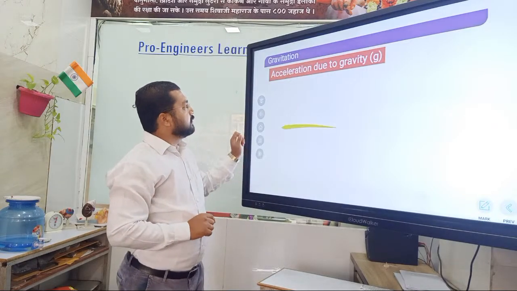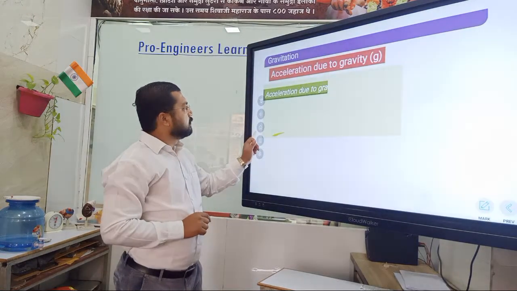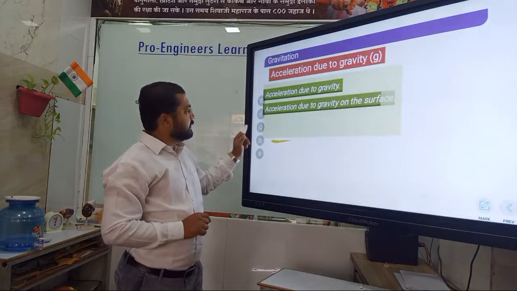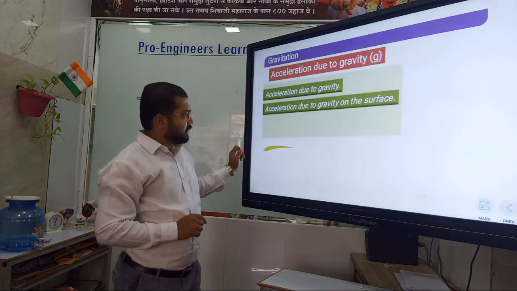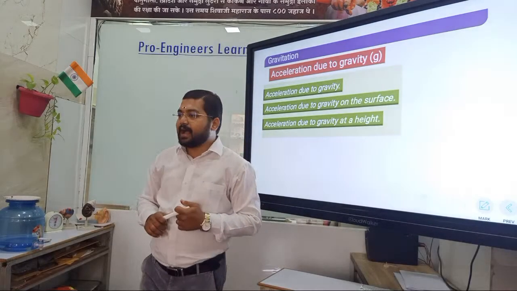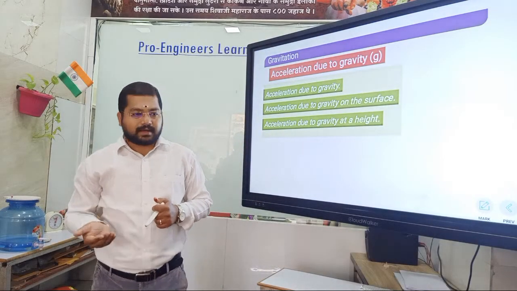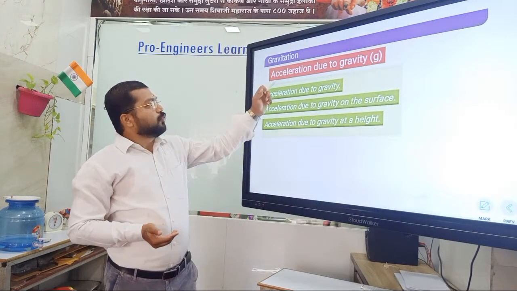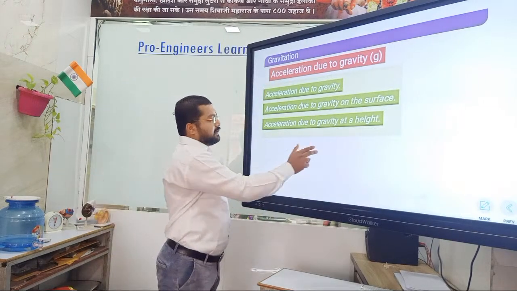Acceleration due to gravity, acceleration due to gravity on the surface, and acceleration due to gravity at height. These parts we have to understand to know more about acceleration due to gravity.